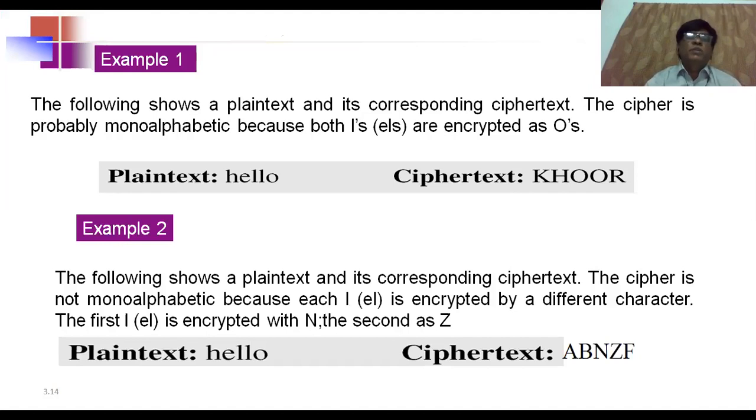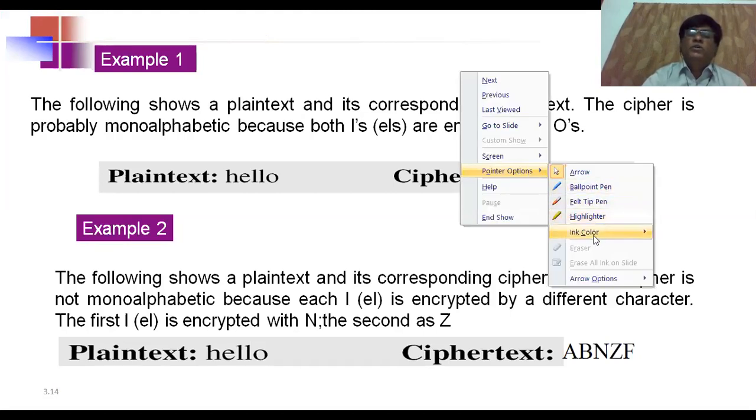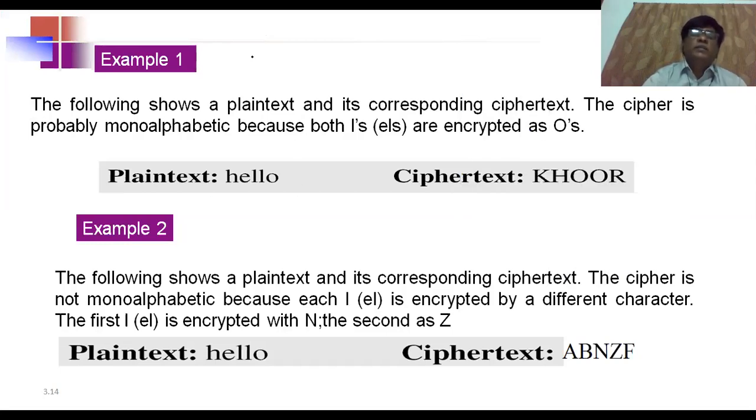See this example. Suppose I want to send the message hello to the other person.